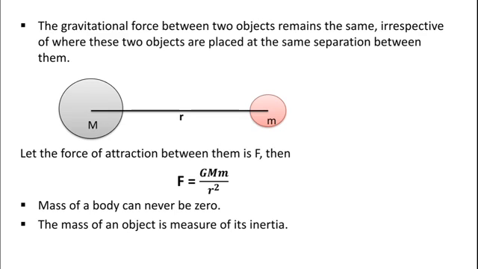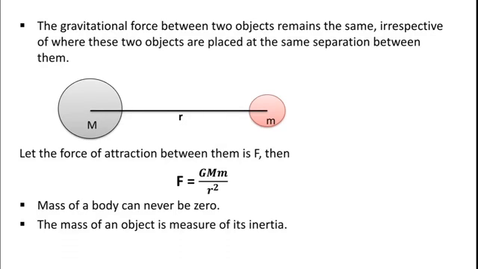You can move it easily by applying some force on the cycle. Why? Because the mass of the truck is very large as compared to the mass of the cycle. That's why it is difficult for you to change the state of rest of the truck as compared to the cycle.